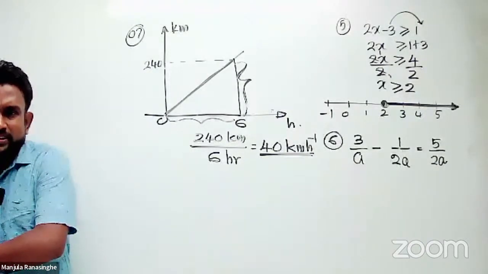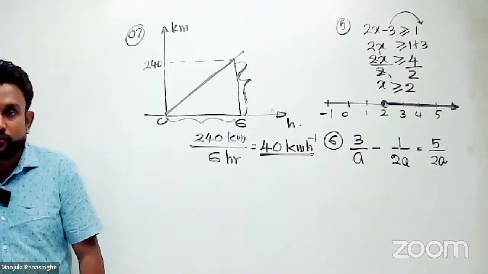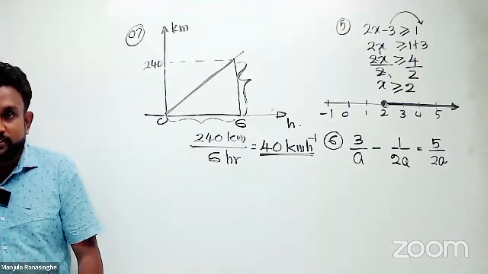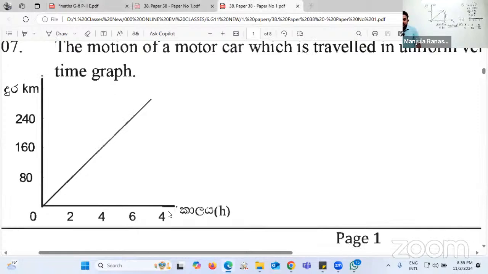Yes, it's like 4 hours, but in the question, it cannot be 4 hours. 2, 4, 6, after that it cannot be 4 again. That is a mistake in the paper, I think. See the question here, 2, 4, 6, and then it can't be 4 again, so it should be 8.